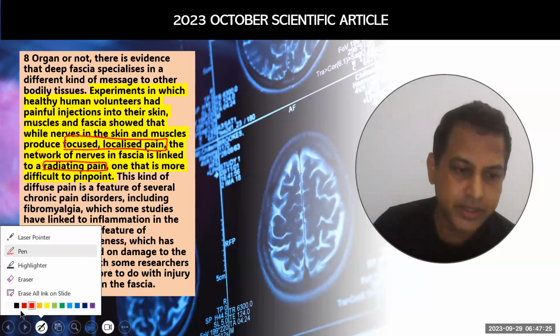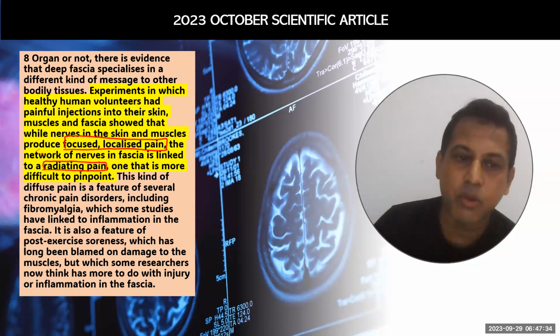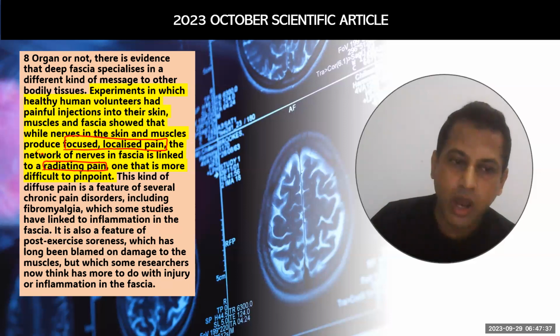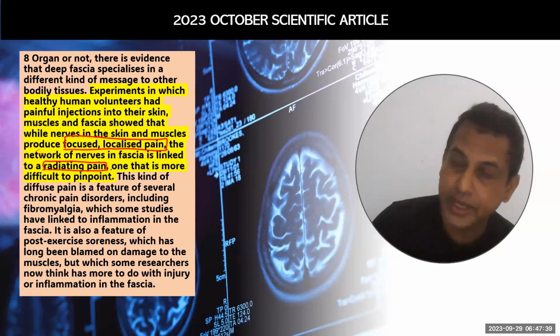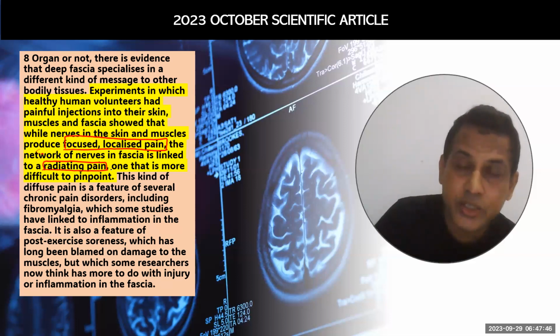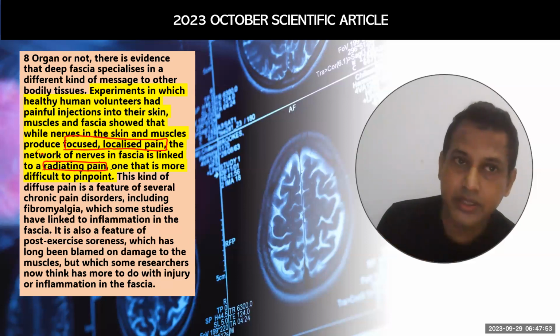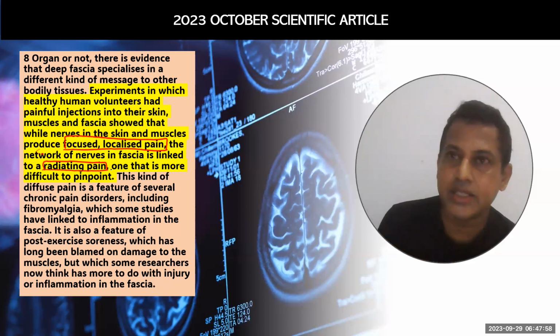Radiating pain is a type of pain which can spread around a large area, not restricted to one point. How can we understand this type of pain? This can be done only if the person can express the type of pain he gets and also the severity of the pain. So we can say from mild pain to a very severe pain, and within that range we can decide a pain.